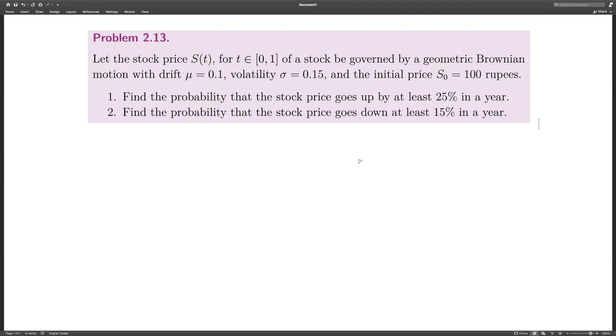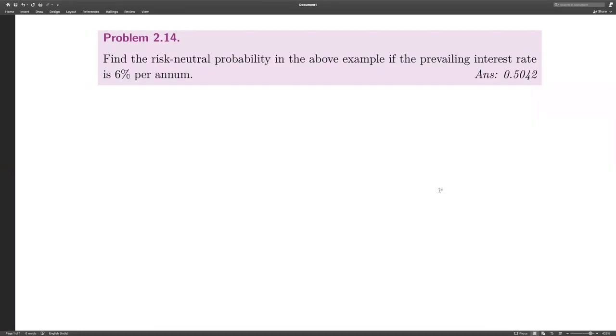Therefore, let me not discuss it here. The next question is about finding the risk neutral probability of the stock, which was just discussed in the previous example, with the prevailing interest rate as 6% per annum. I think it's also an easy numerical question, and the answer is also given. So you can do this.